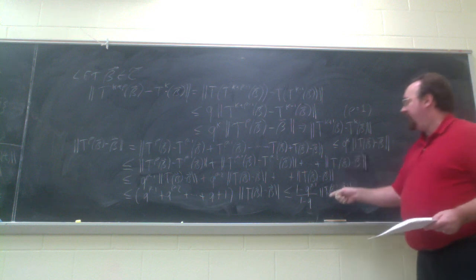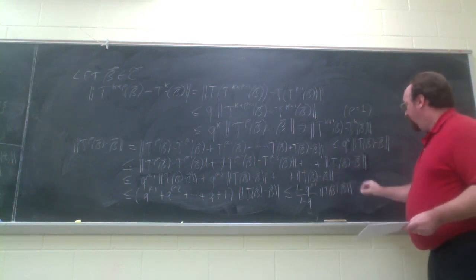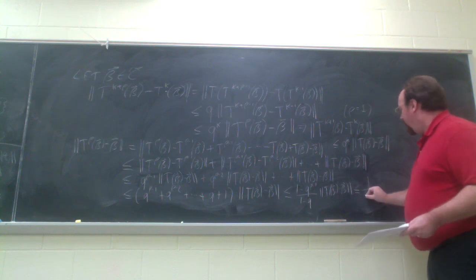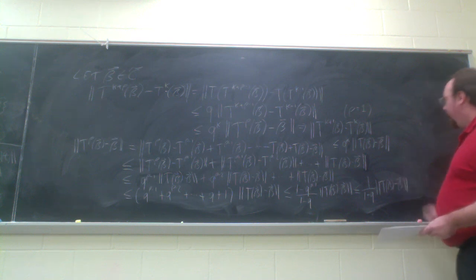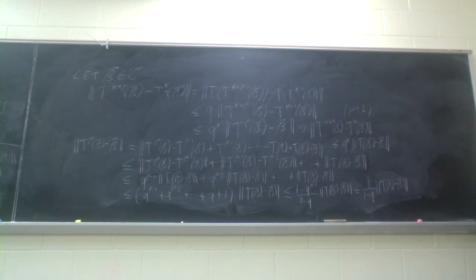Now we can upper bound this. This term we can ignore because we just want an upper bound. So this is less than or equal to, because q is positive, 1 over 1 minus q, and q is less than 1, times t of beta minus beta. Okay.